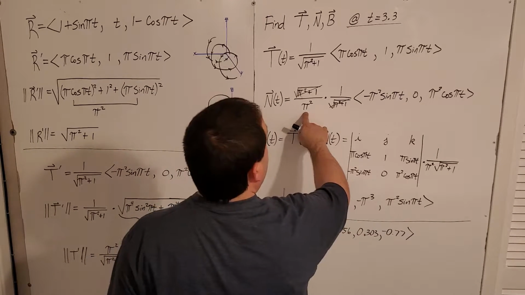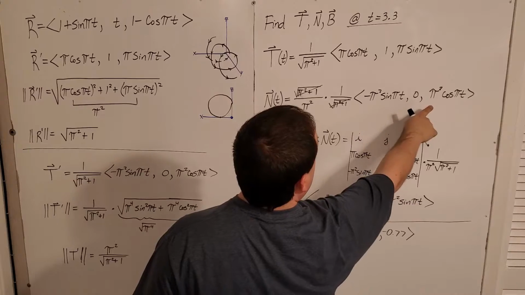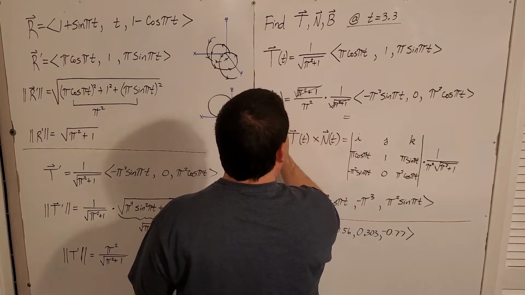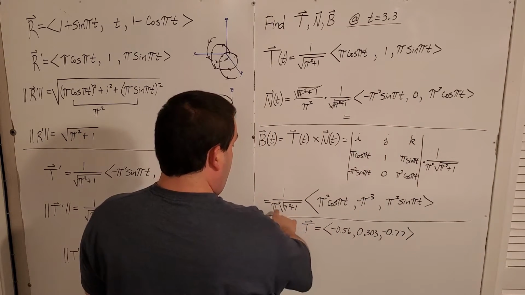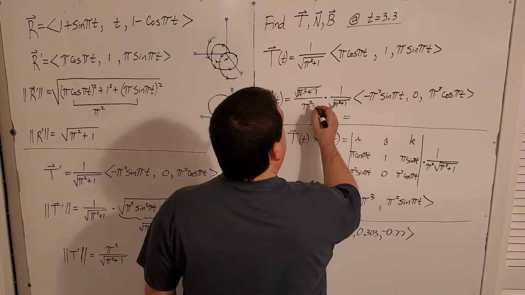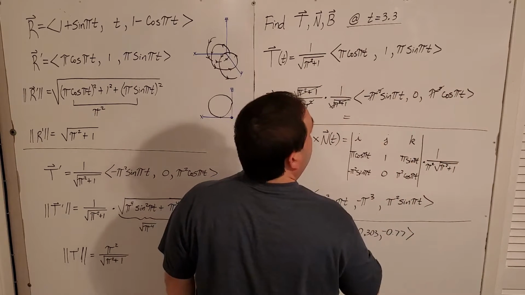Oh, looky. I did actually miss this, didn't I? I can actually divide the pi squared out here. So let me simplify that a little bit. My n vector, oh yeah, look, I can reduce here too. I can't believe I missed that. I can wipe out the pi squareds because 0 over pi squared is still 0, right?